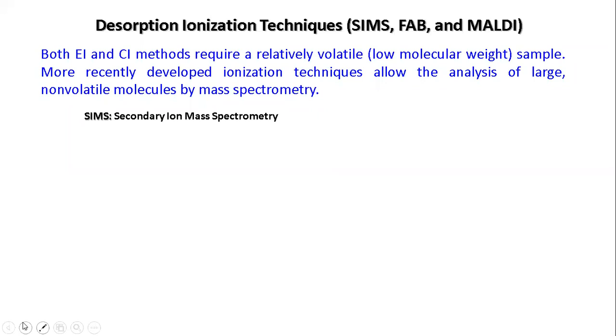Whereas in the EI and CI methods, 350 molecular weight is the maximum you can go for. Beyond that, it will be very difficult to do the analysis.